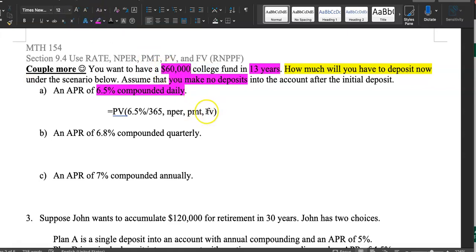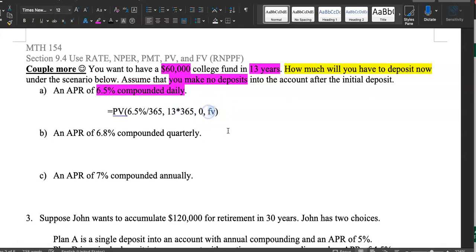So for N per, I'm going to do 13 years times 365, right? Basically, this part is finding how many days I have in 13 years. Now payment, what's that going to be? That's going to be 0.